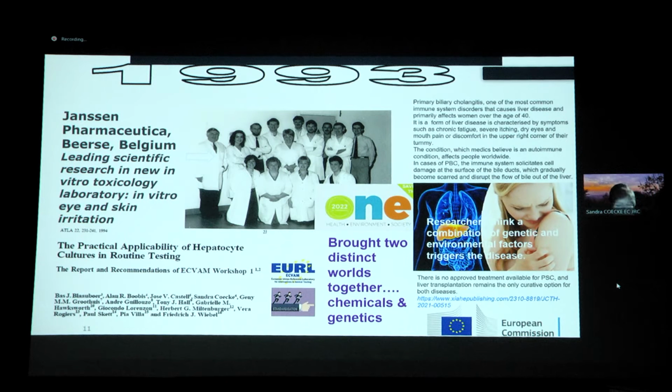I put on this slide, for instance, I leave you also the publication. For instance, primary biliary cholangitis is one of the most common immune disorders that cause liver disease and primarily affects, by the way, women over the age of 40.